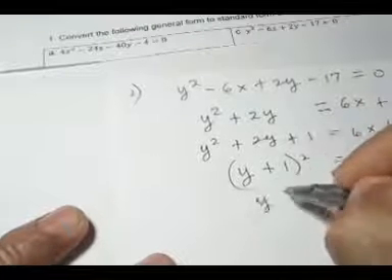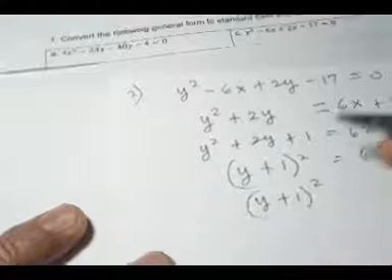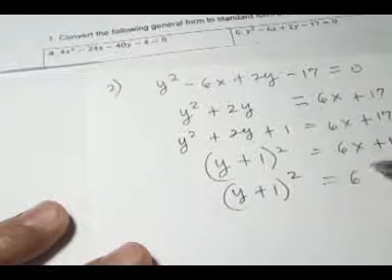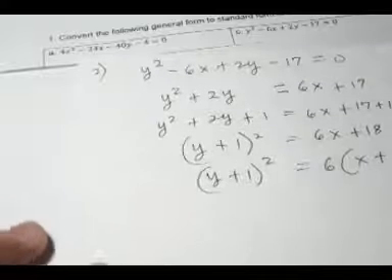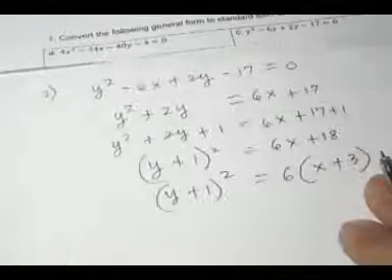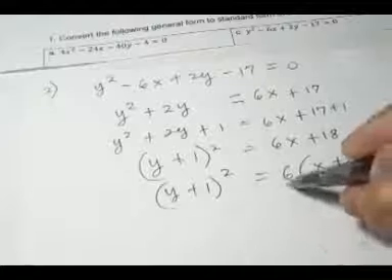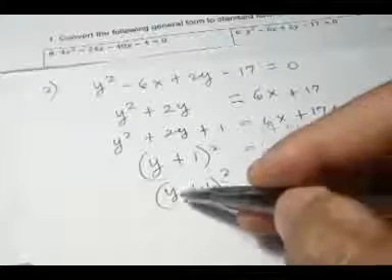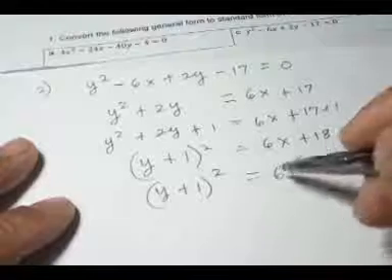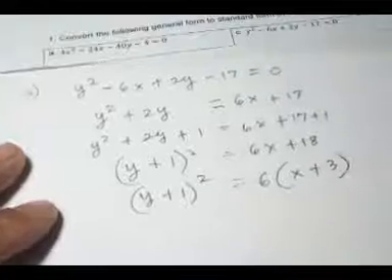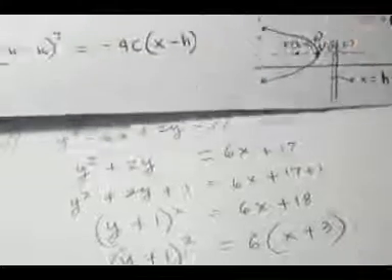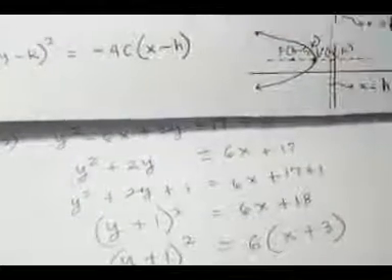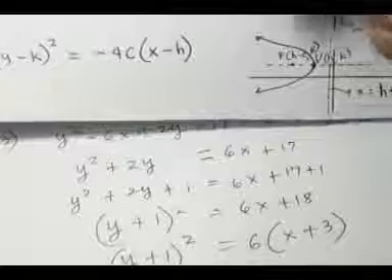And simplify further into standard form. Y plus 1 square equals 6 times x plus 3. 18 divided by 6 is 3. So the squared term is y, and this is positive. So referring to our standard form and its corresponding graph, the squared term is y and this is positive, so this is positive 4c.